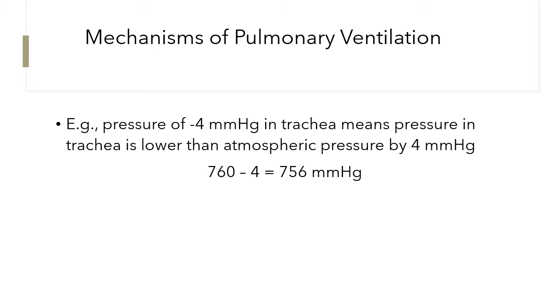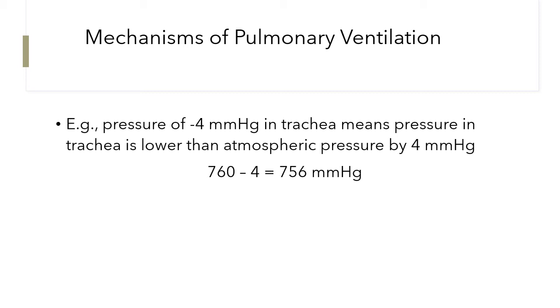So let's look at this, the difference between how the diaphragm works and where air is going to go. If I have a pressure of -4 millimeters of mercury in the trachea, and barometric pressure is 760, and I know the pressure in the trachea, because we're taking a breath in, is 4 millimeters of mercury less.